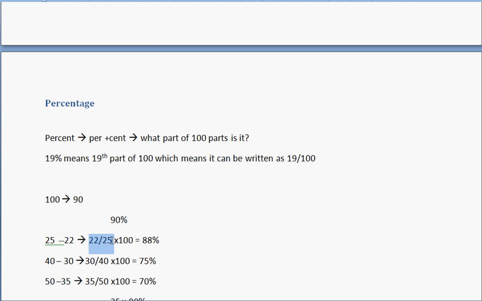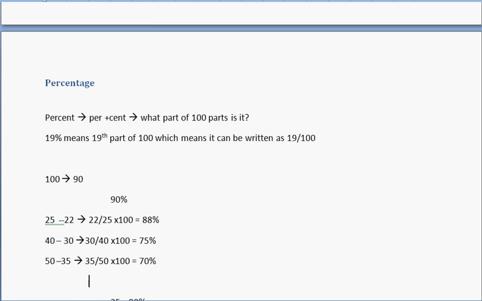We could have also compared the fractions, right? So we could have also compared 22 by 25, 30 by 40 and 35 by 50, right? And we could have seen that 22 by 25 is greater than 30 by 40, which is greater than 35 by 50, but it would have been more effort, right?